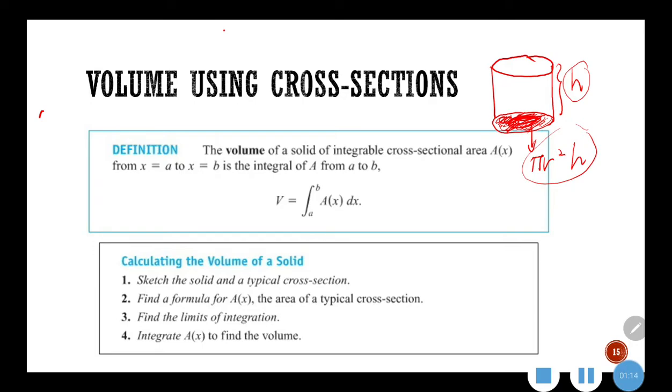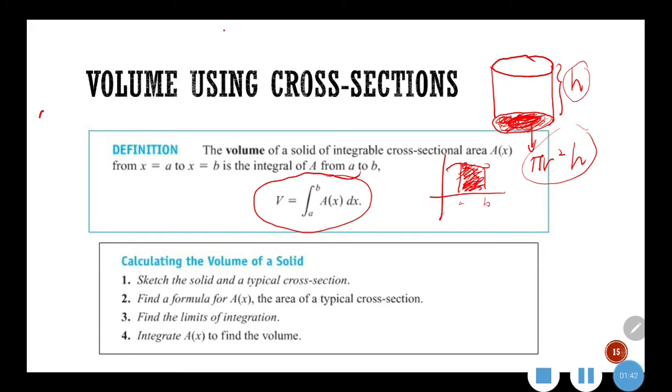Okay, so for this one, same case, using the integration technique, volume is equal to, as we already saw before, the integration of a curve. We have a curve f(x), so the integration under the curve is equal to the area under the curve.